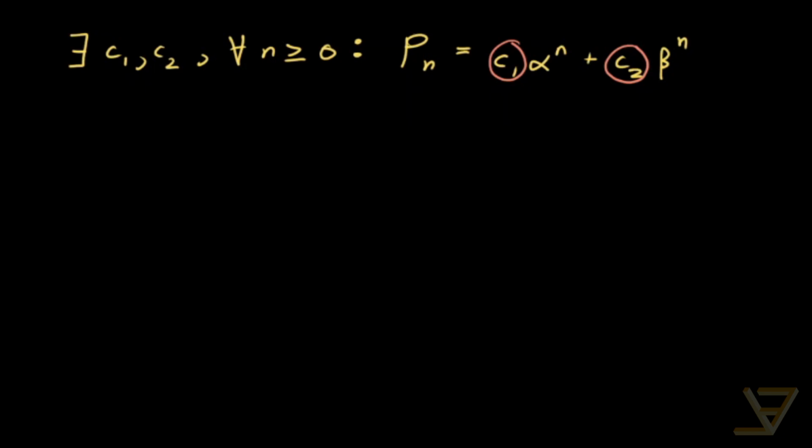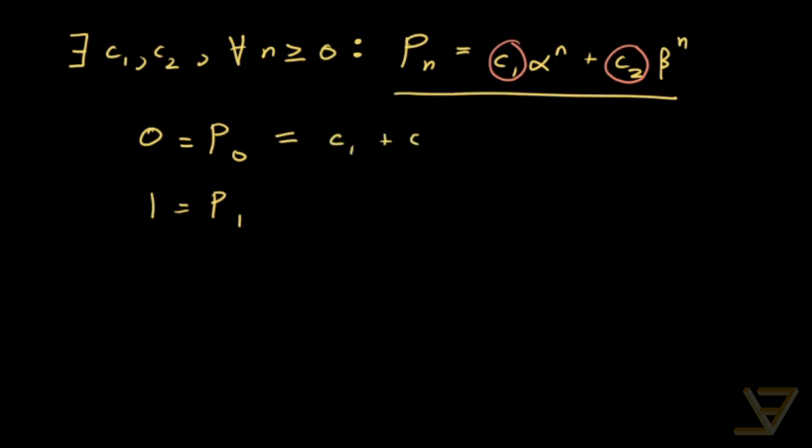So what we'll do is that we'll work on P0 and P1, because we know that P0 equals 0 and P1 equals 1. And by this theorem, we know that P0 equals C1 plus C2, and P1 equals C1 alpha plus C2 beta. So let's solve this system of equations for C1 and C2.